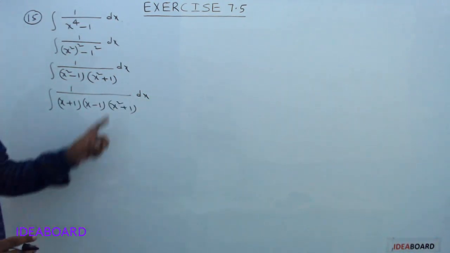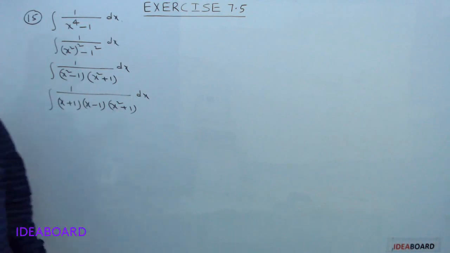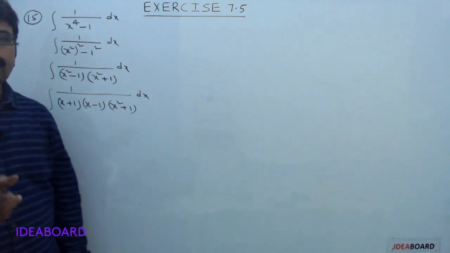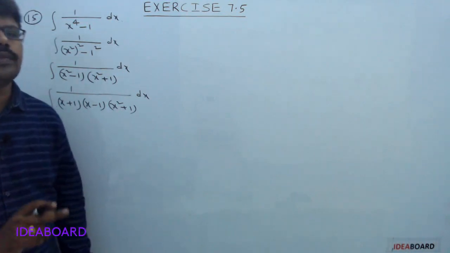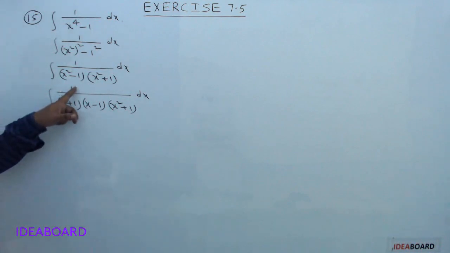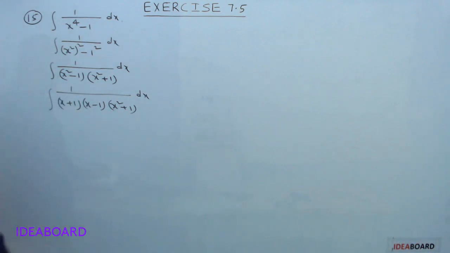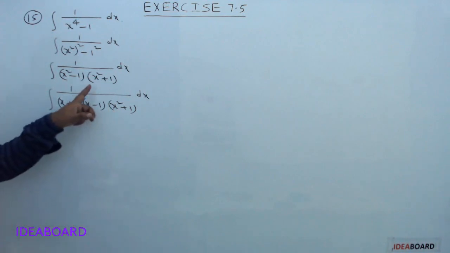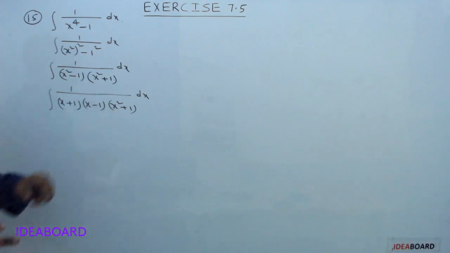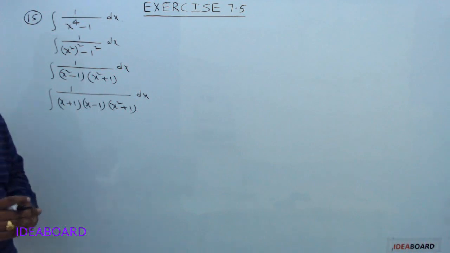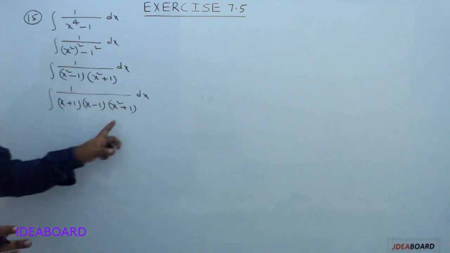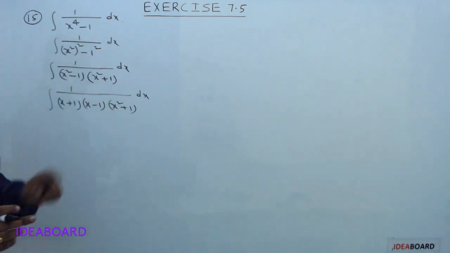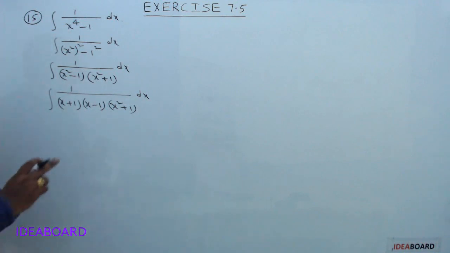Now you have to verify whether this integrand belongs to type 1 or type 2 or type 3. Degree of numerator is 0, degree of denominator is 4. So clearly the degree of numerator is less than the degree of denominator, so it is a proper fraction. Now observe the denominator.